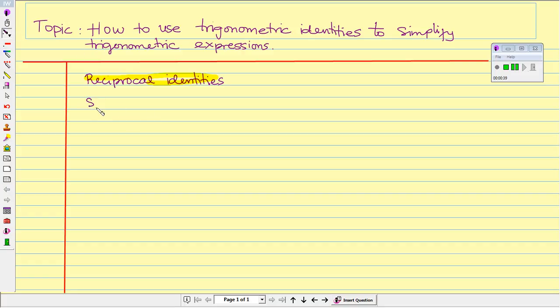We know that sine of the angle theta is the reciprocal of cosecant. Vice versa, cosecant of the angle theta is the reciprocal of sine. Cosine of the angle theta is the reciprocal of secant of angle theta.